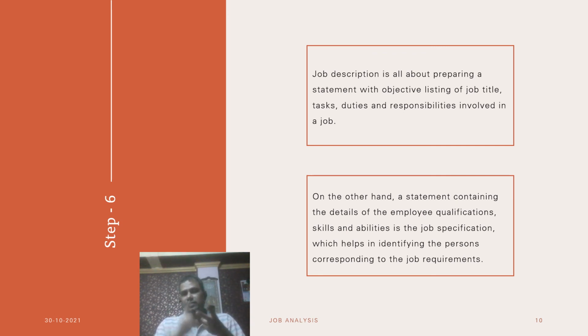The second outcome is the job specification, which tells what is required in terms of qualities, qualifications, skills and abilities to perform the job so that its results can be achieved, right? So this is the overall process of job analysis. There are 6 steps in that sense.